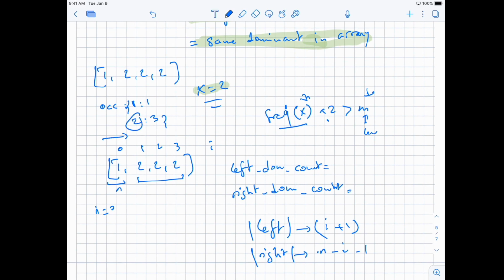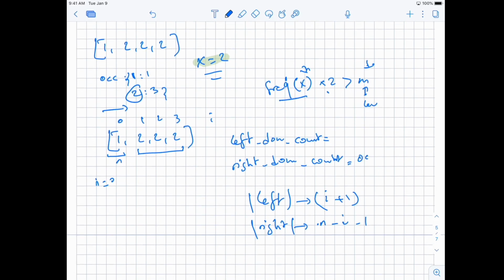So we just subtract the left count from the overall count, and we get the count for the right side. So it's just going to be the occurrence of x, which is the dominant element, minus the left count. Let's call it just left count to make it easier to write. So left count, right count.